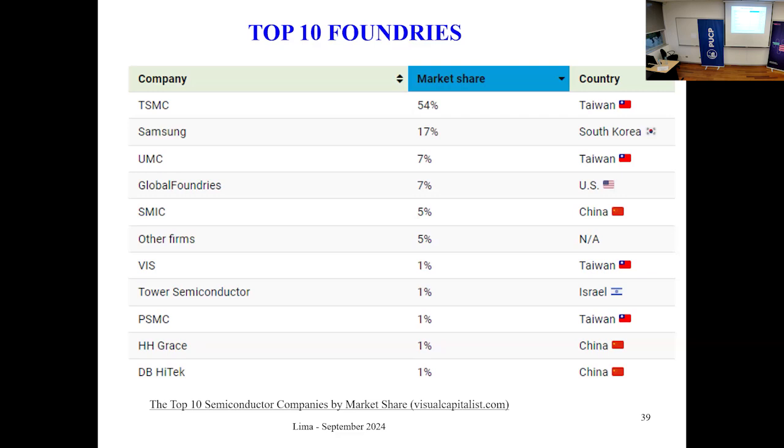What should they do? They are opening factories in the United States and in Europe. And there is a factory in Arizona, which will start to produce next year, if my memory doesn't fail. So this is a very big concern of European and American companies.